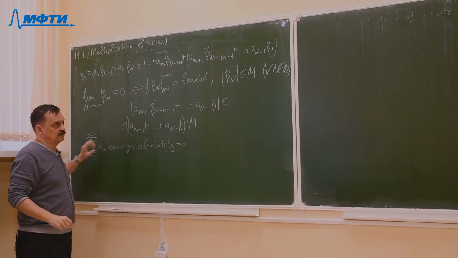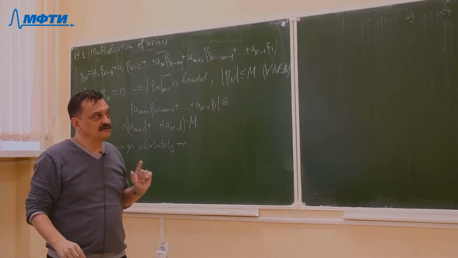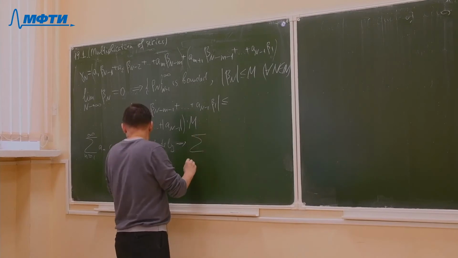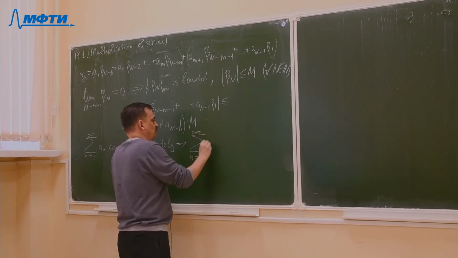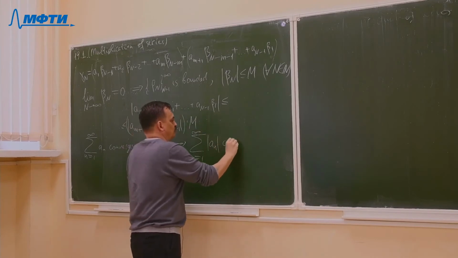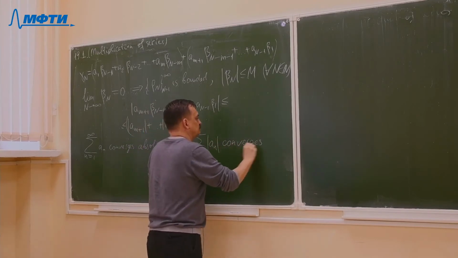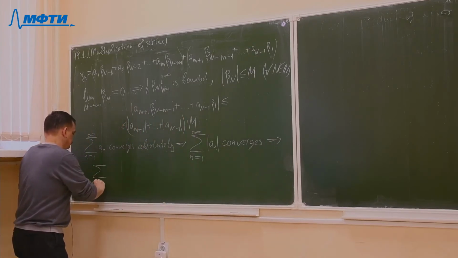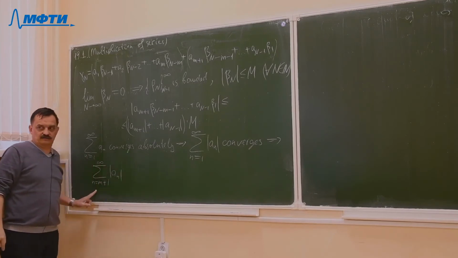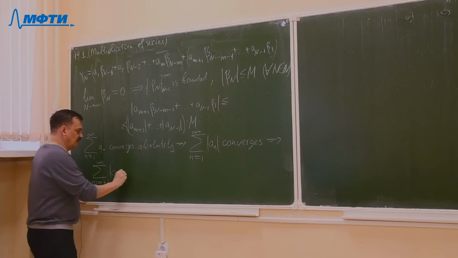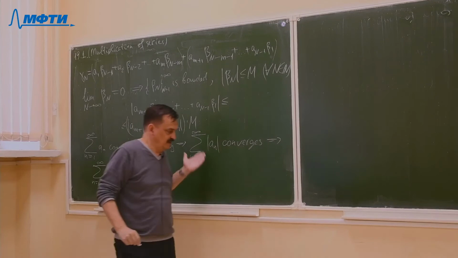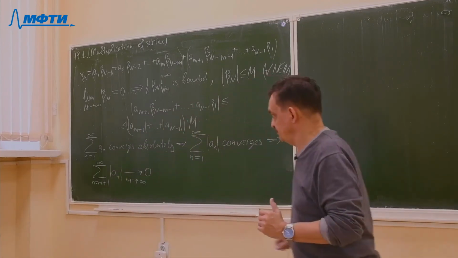Hence, remainders. So, firstly, the sum from n equals 1 up to infinity of modulus a n converges. Hence, remainders: what remains if we start from m plus 1? They tend to 0 as m tends to infinity. That is by definition of convergence of a series, right?